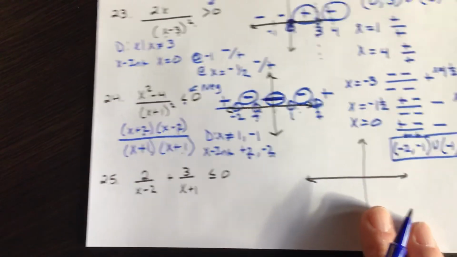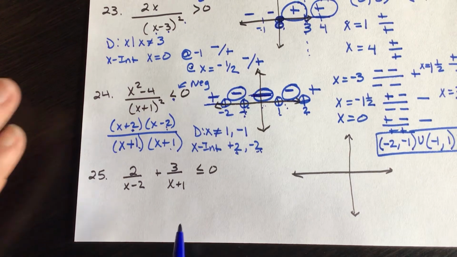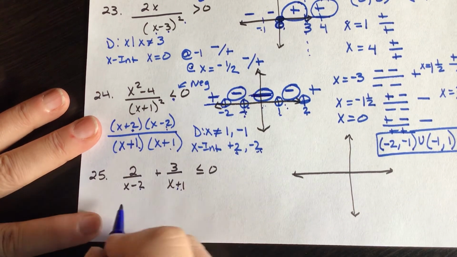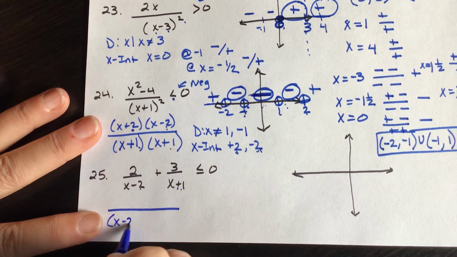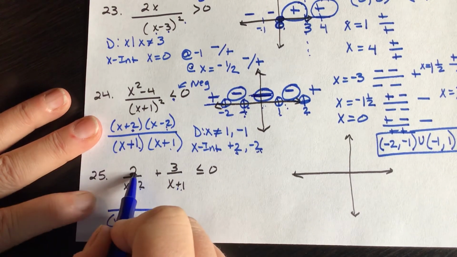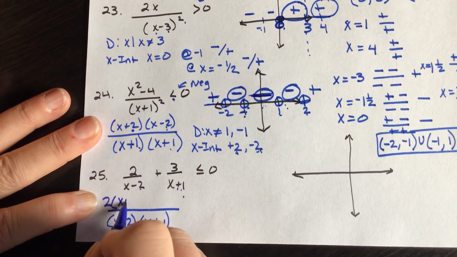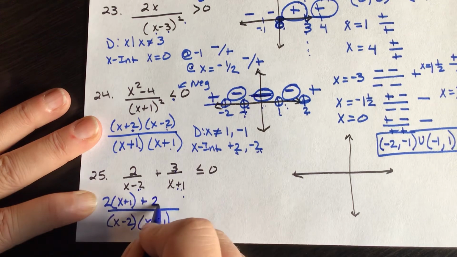And this last one, I already brought one part of the equation over to the side, and I have to get a common denominator. So my common denominator would be x minus 2 and x plus 1. So I have to multiply 2 by x plus 1 in the numerator, and I have to multiply 3 by x minus 2.